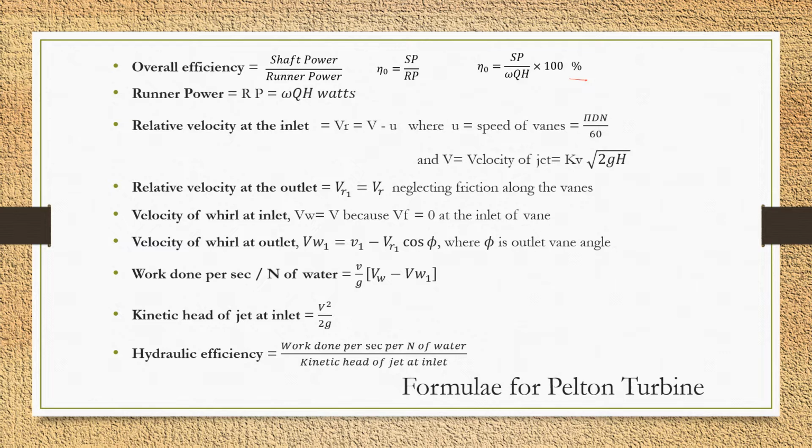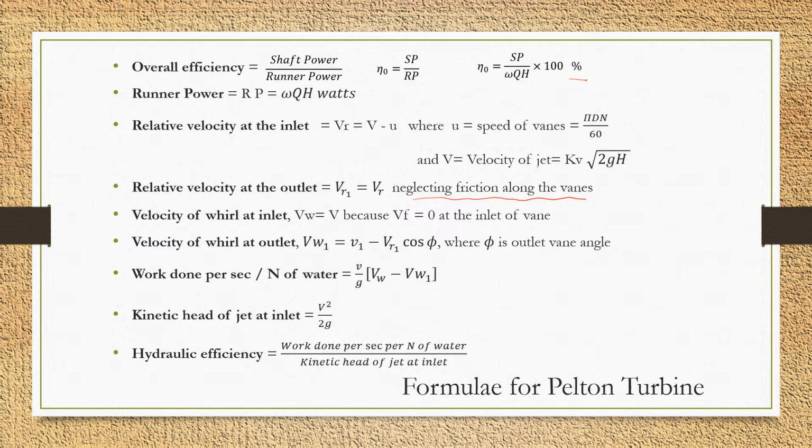Now the relative velocity at the inlet VR is V minus U, where U is the speed of the vanes, that is pi DN by 60, and V is the velocity of the jet, that is kV under root 2gH. The relative velocity at the outlet is VR1, and it is taken as equal to VR, because we are neglecting the friction along the vanes.